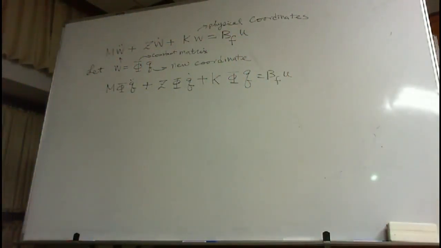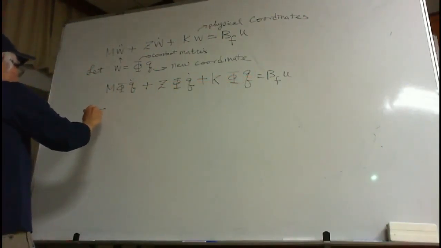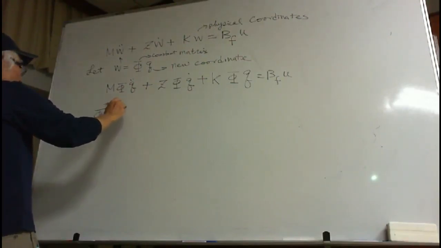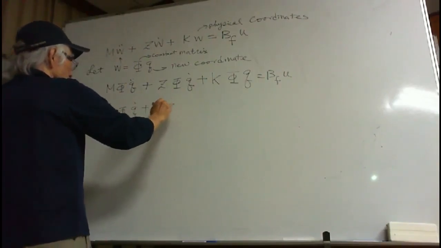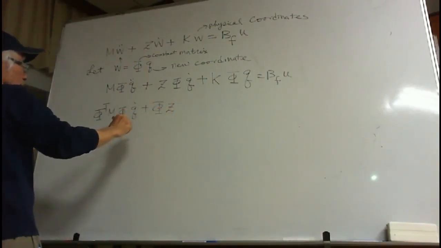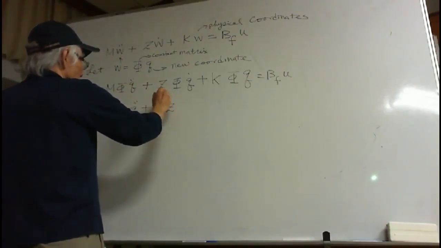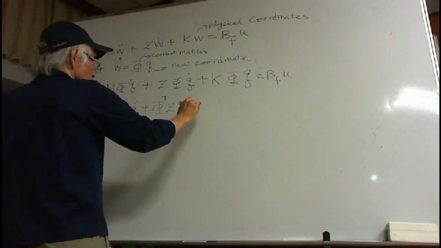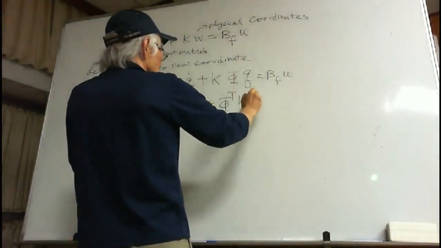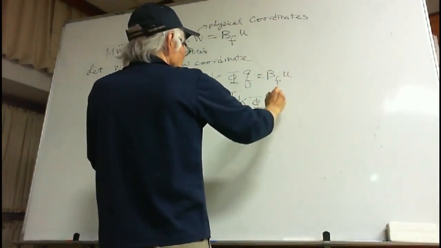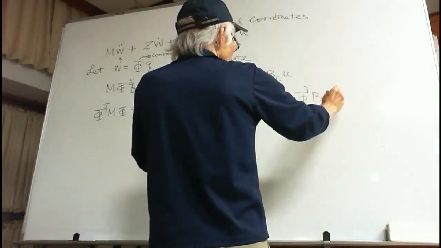Now I multiply this equation by Φ transpose: Φ transpose M Φ q double dot plus Φ transpose K Φ q equal to Φ transpose B f u.